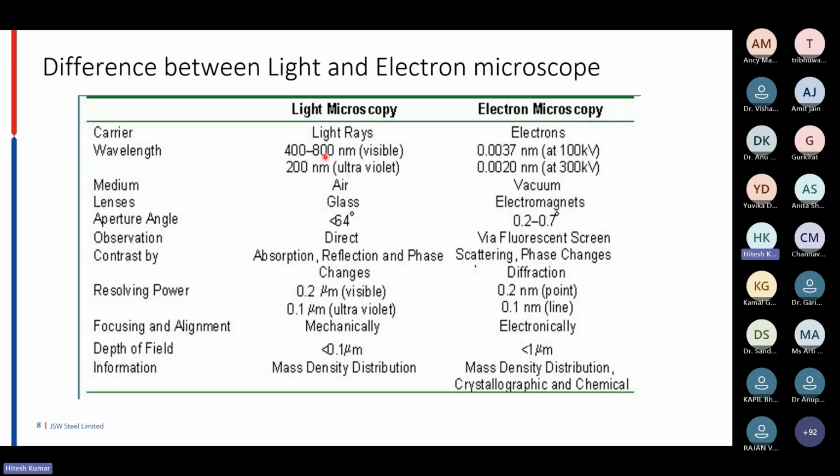For light, we use 400 to 800 nanometers, but in electron microscopy we use around 0.0037 nanometer wavelength. Because of this difference, you are able to generate a high resolution image.